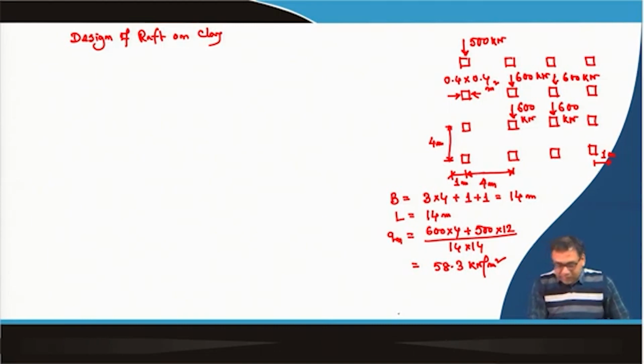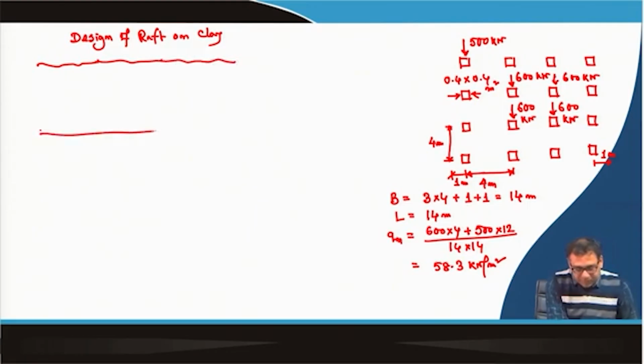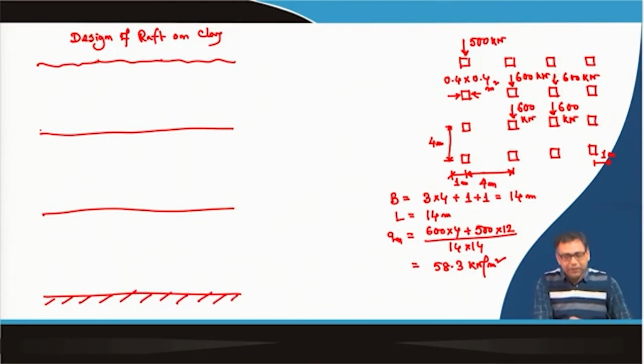Now, the soil profile. Okay. So, this is the ground surface, and we have a soil profile which is a three-layer soil, and there is a rigid layer below the third layer.